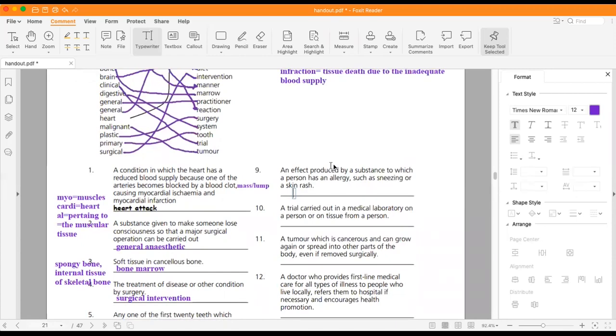It will be called the allergic reaction: the effect produced by a substance to which a person has an allergy, such as sneezing or a skin rash. It will be allergic reaction.